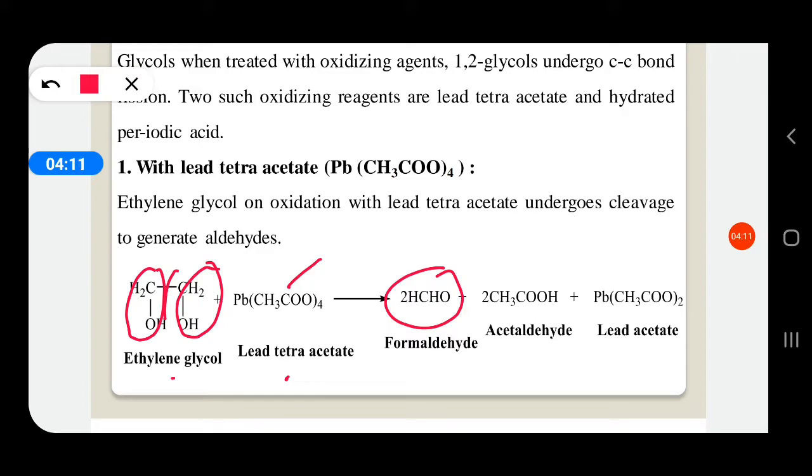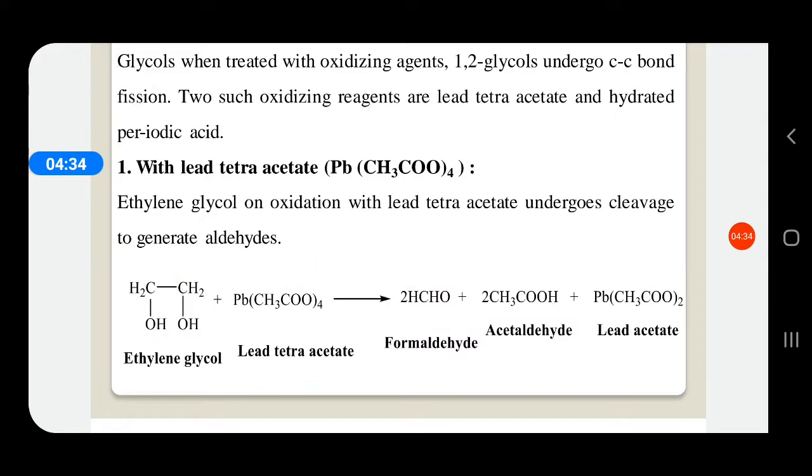Lead tetraacetate undergoes reduction to form lead acetate. So ethylene glycol on oxidation with lead tetraacetate produces formaldehyde. This is a redox type of reaction.